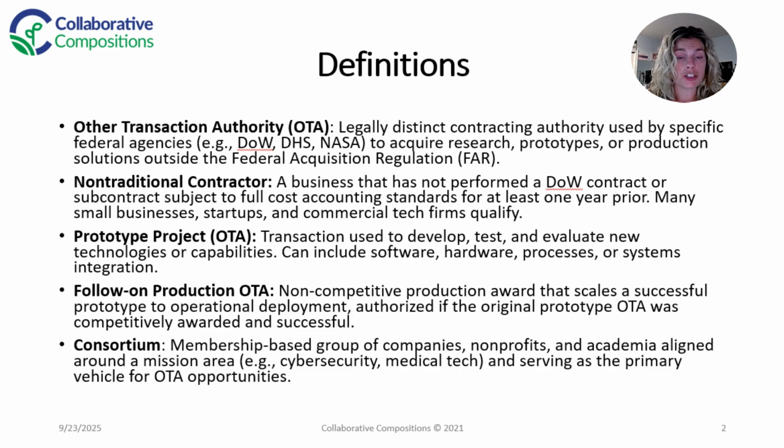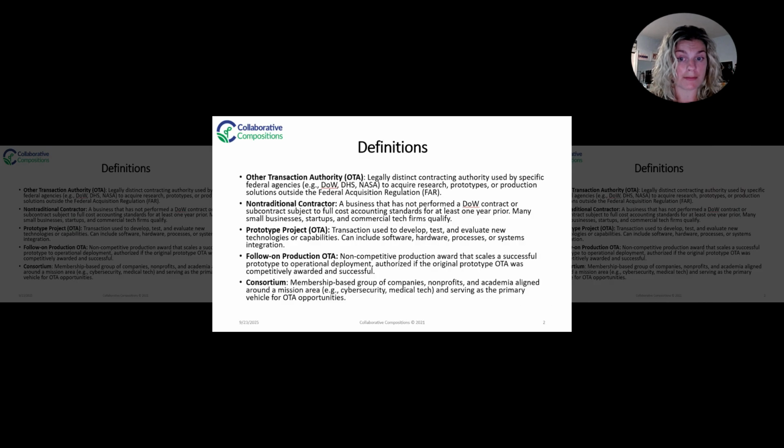A follow-on production other transaction is a non-competitively awarded award that is provided after the successful completion of a prototype project. And a consortium is a membership-based group of companies, nonprofits, and academia, oftentimes focused around a specific mission area, and that is typically a primary vehicle where you'll see other transaction opportunities come out.